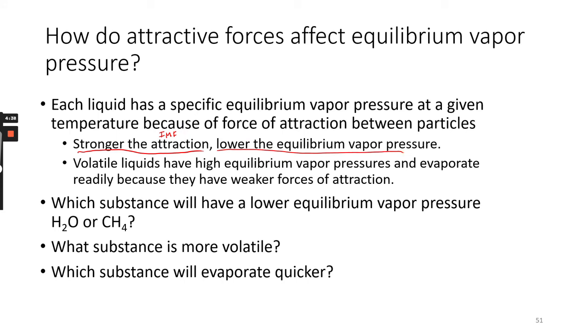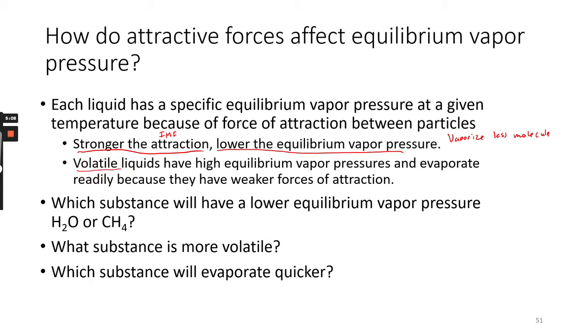Equilibrium vapor pressure is dependent on how many gas particles are above your liquid. So if your intermolecular forces are very strong, you're going to vaporize fewer molecules. So you will have fewer gas molecules above the liquid, so your equilibrium vapor pressure will be lower.